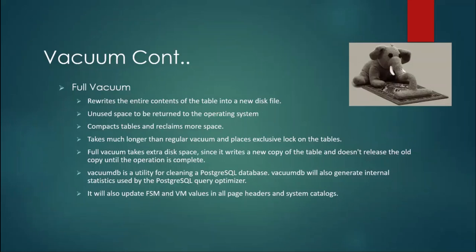When you perform a full vacuum, you can see the OID of the table change. It recreates a new table file with a new OID and removes the dead tuples from it. There is an exclusive lock during this operation, so that particular table is not accessible during the vacuuming operation.